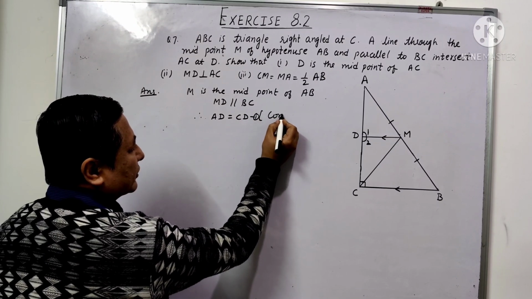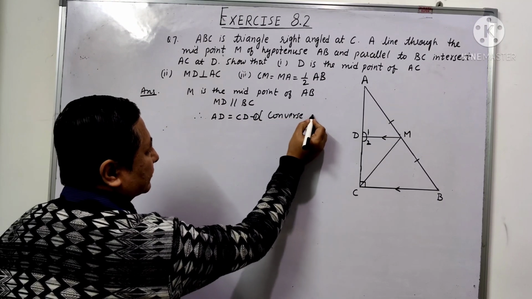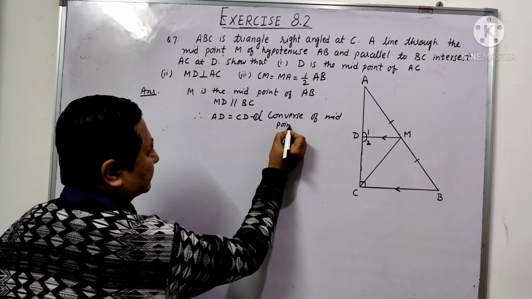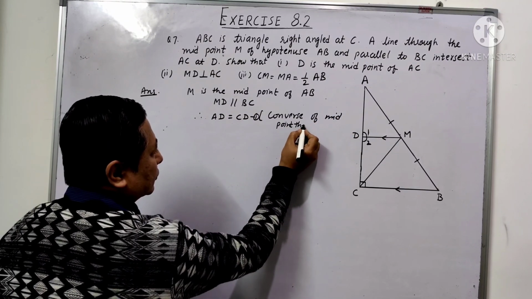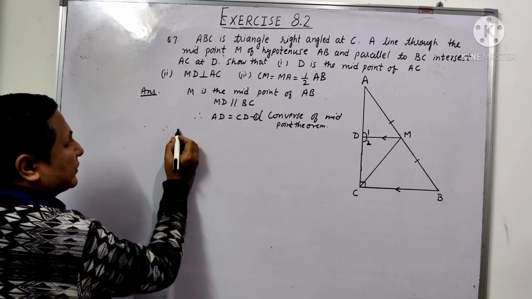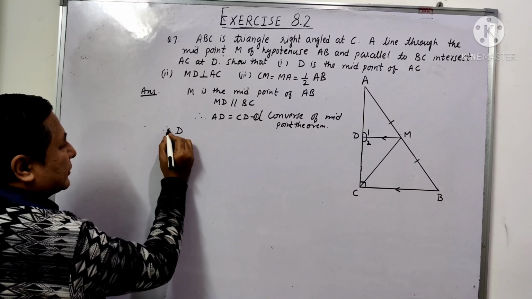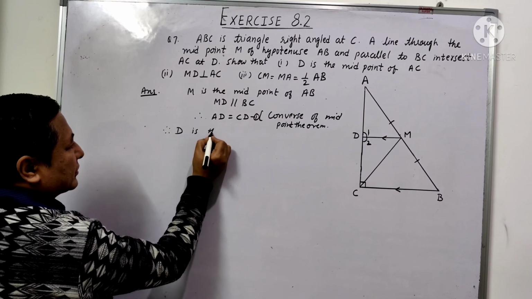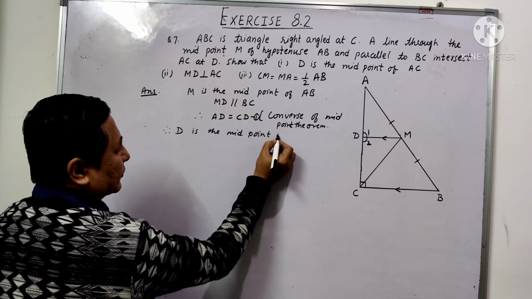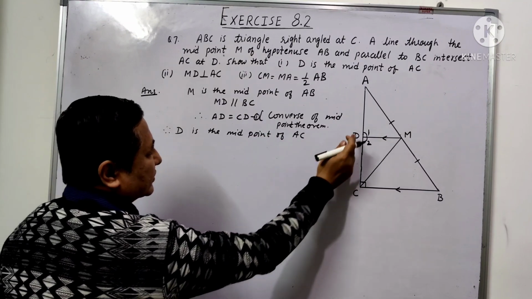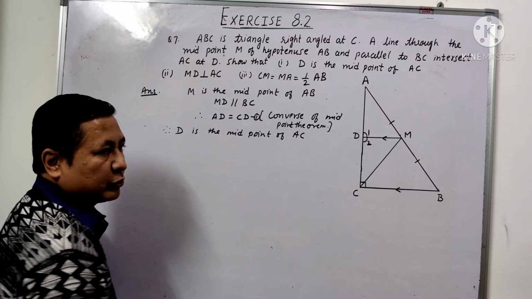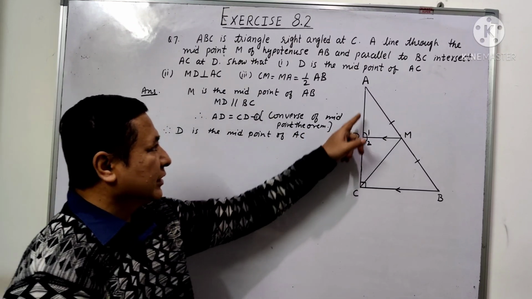This is due to the converse of midpoint theorem. So we have proved the first part, that D is the midpoint of AC.